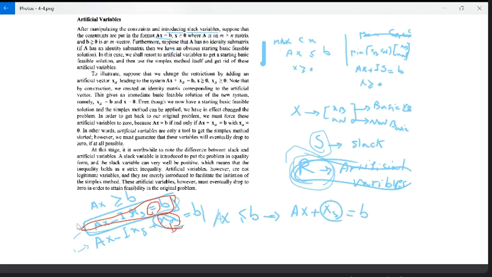If this relationship equals this relationship, x_R must be 0. Do you understand this?